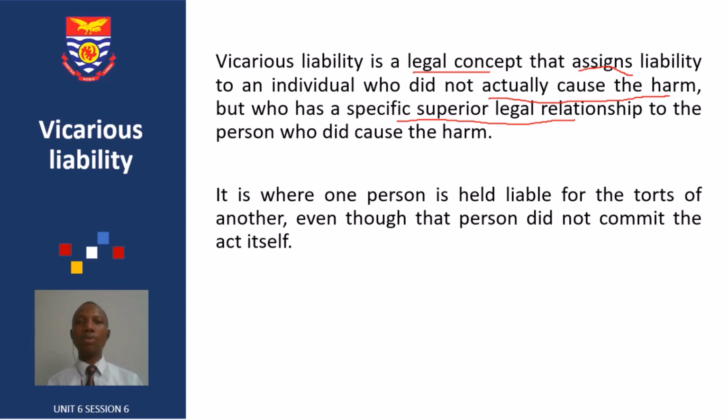So in the course of the agent working for the principal, if the agent causes injury to a third party, then the principal who appointed the agent should be held liable. So it is where one person is held liable for the tort of another, even though the person did not commit the offense or the act itself.